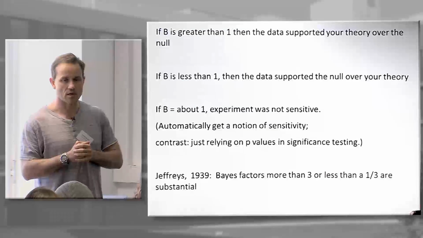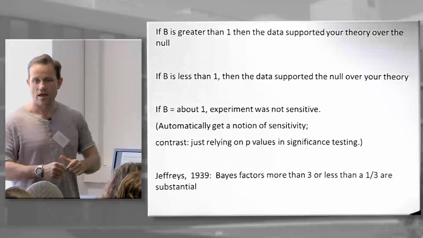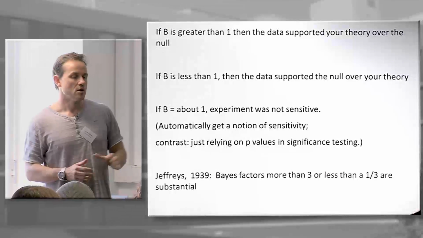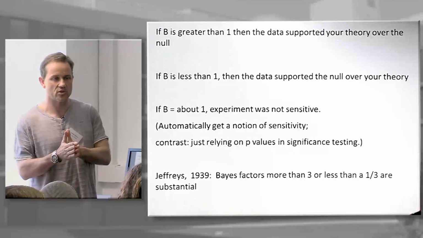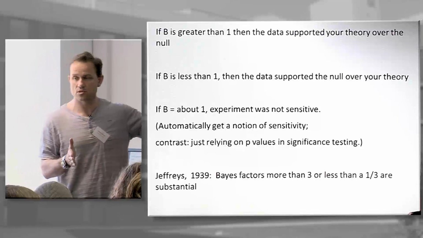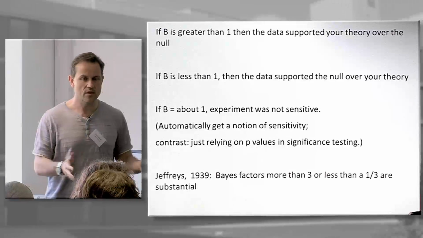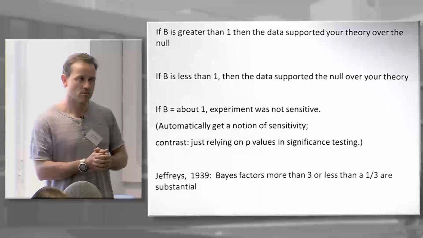And you might say, well, how close to 1 does it need to be, or how far away from 1 should it be before we say we have strong evidence? Well, that's really just a matter of convention. Intrinsically, Bayes gives you a continuous strength of evidence. So some Bayesians say, I don't like to put cutoffs there, but I think cutoffs are fairly useful, as long as you remember they're conventions.